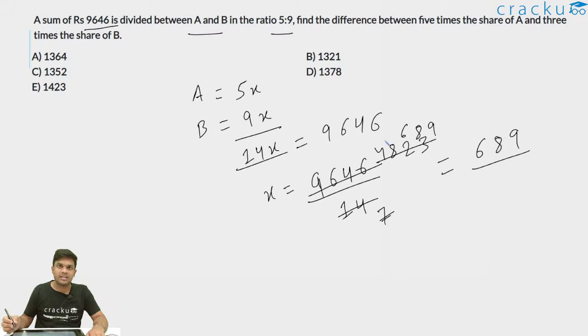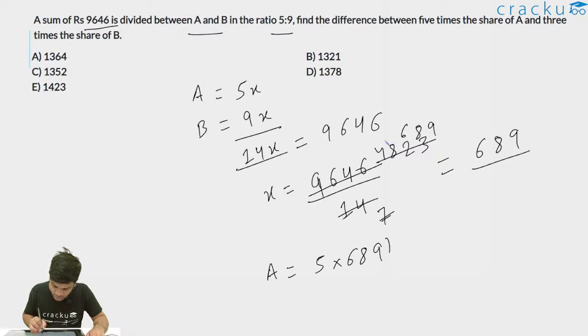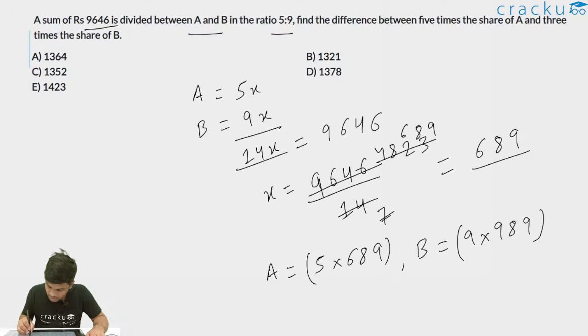So x is 689. So the money with A is 5 into 689 rupees, and with B is 9 into 689. Sorry, it is 689 rupees.